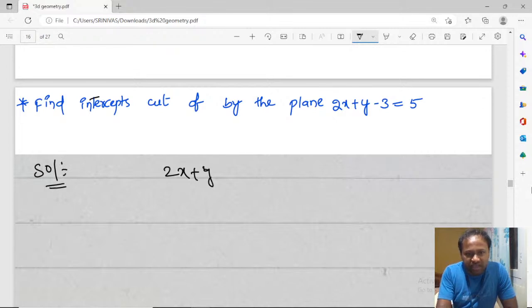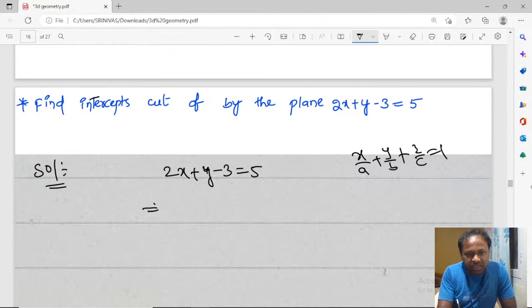2x plus y minus z is equal to 5. I will convert into standard form, x by a plus y by b plus z by c is equal to 1.